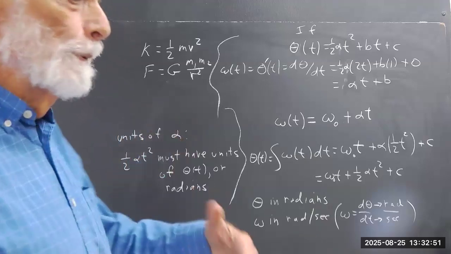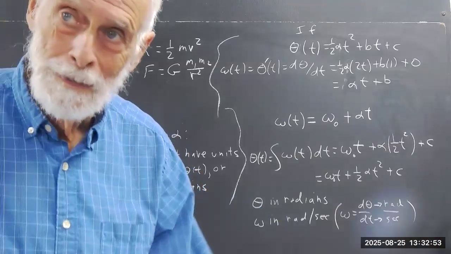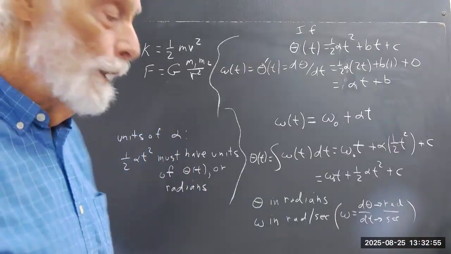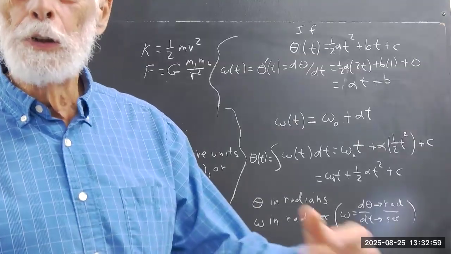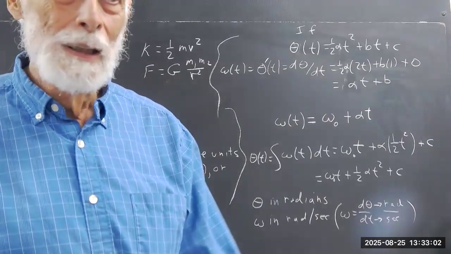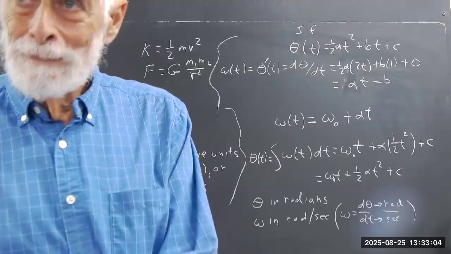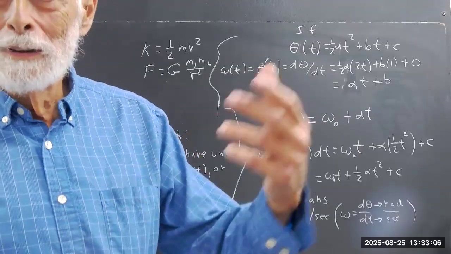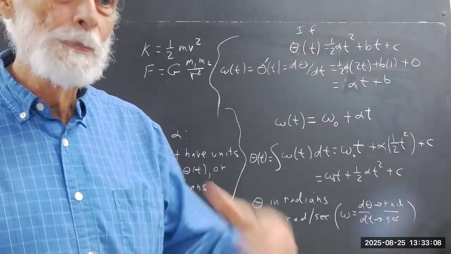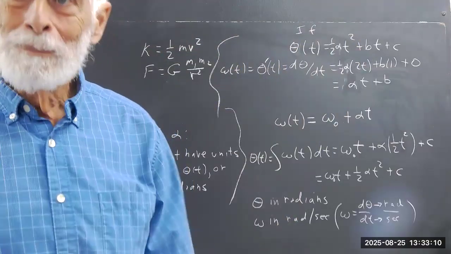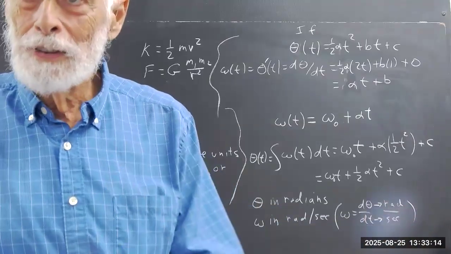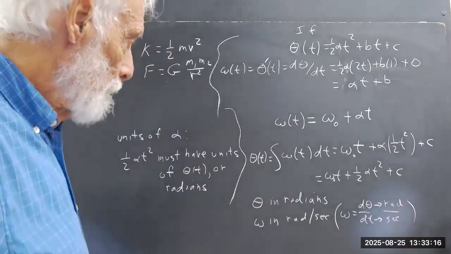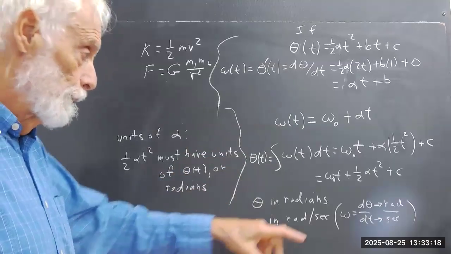You can't add meters per second to meters per second squared. You have to have the same units. Now you can add radians to degrees, but you have to put them in the same units, multiplying your radians by 180 over pi. Just like a common denominator, you have to have the same units. It's not exactly the same thing, but it has a similar feel.